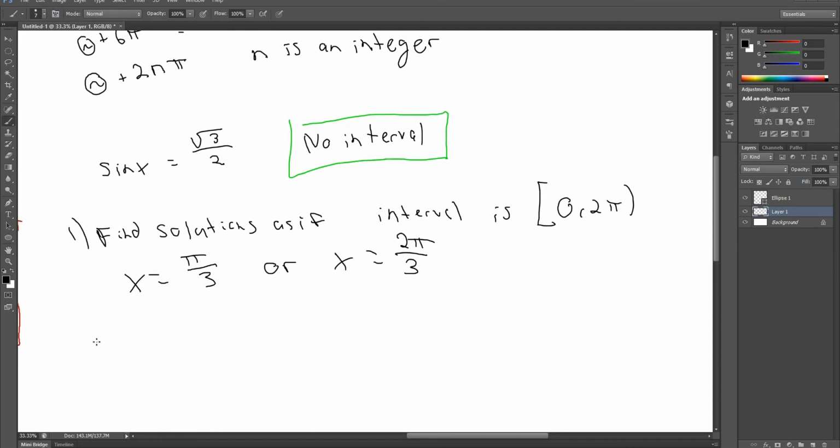Our second step is to add in, I'm going to underline this in green, the repetition.